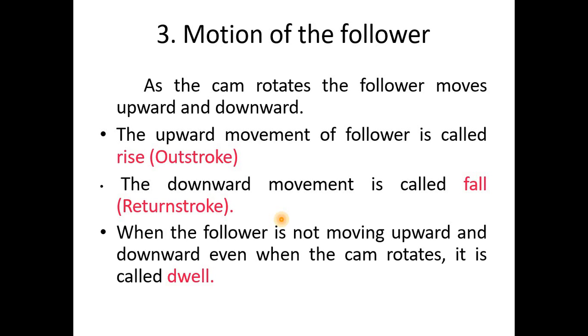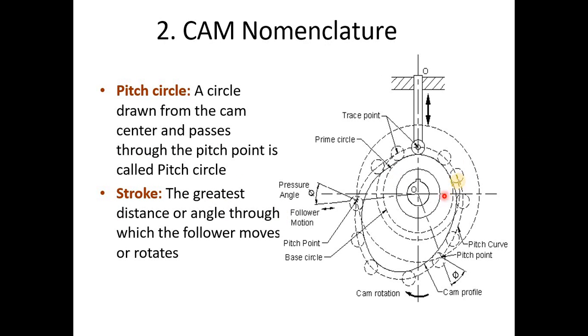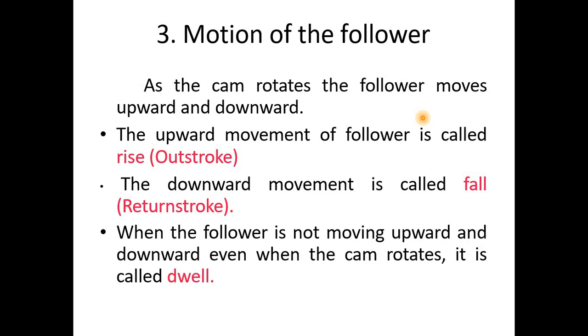When the follower is not moving upward or downward, even when the cam rotates, it is called a dwell. Remember, when the cam rotates, the follower either rises or returns.